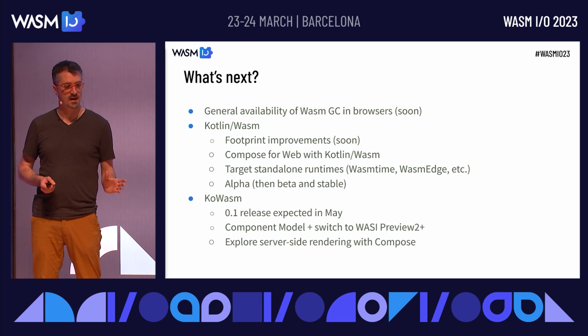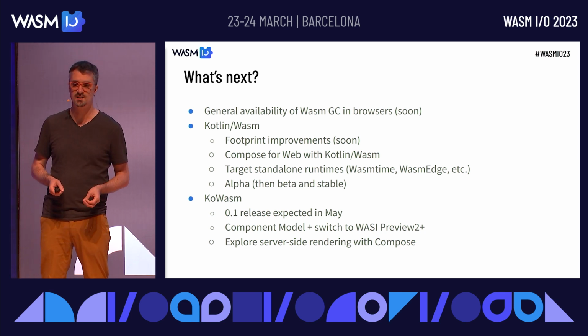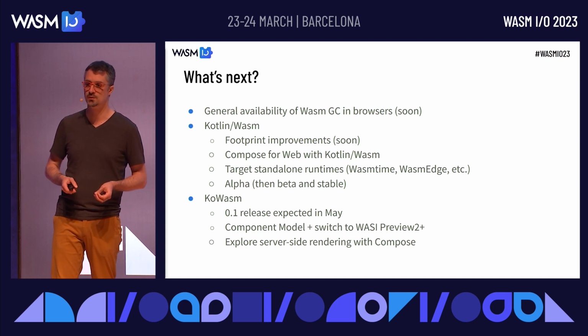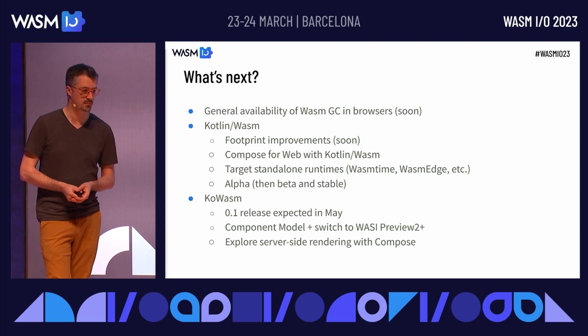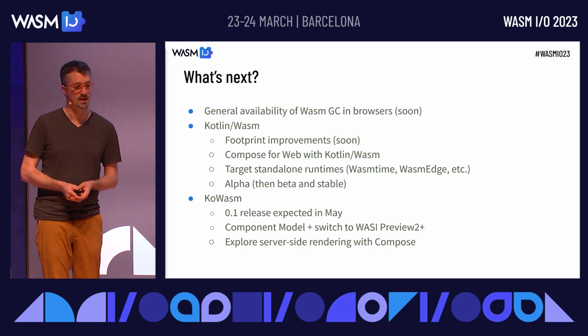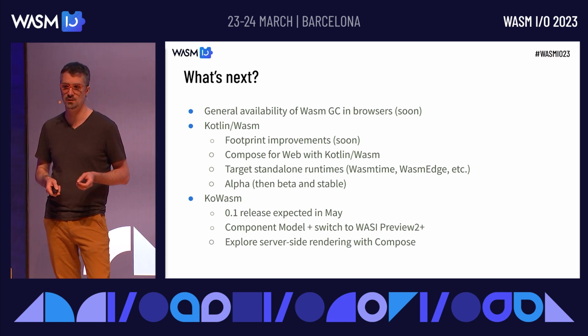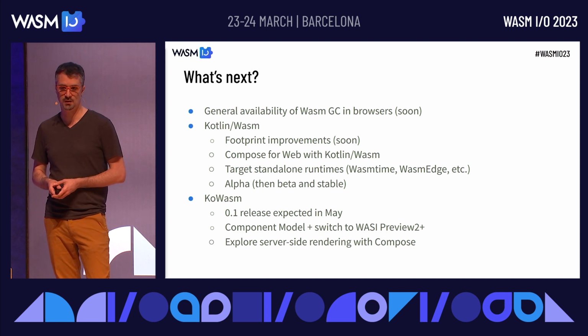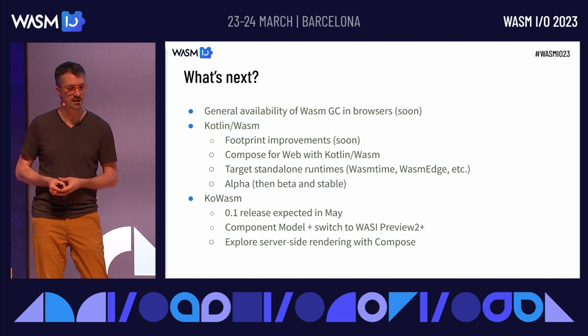On the KoWasm side, the framework I'm beginning to build, the 0.1 release is expected in May. So this is the point where you could begin to write some shiny web app with the API I expose. I plan to work on the component model, maybe contributing Kotlin Wasm support in WIT Gen, the project of the Bytecode Alliance, but we need Wasm GC support in Wasmtime, I think, for that.